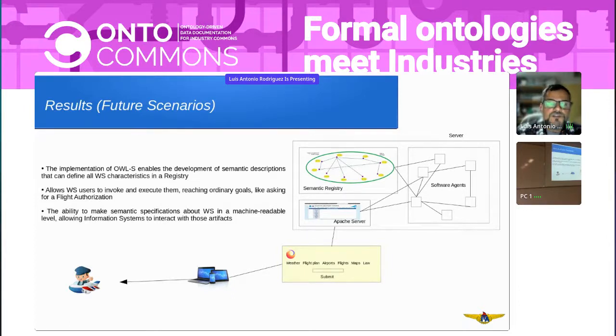The ability to make semantic specifications about web services at a machine-readable level, allowing information systems to interact with those artifacts. We can have devices interacting with a graphical interface and software agents consulting this ontology as a web service semantic registry. And we can have an information system interaction, for example, to get a flight authorization.